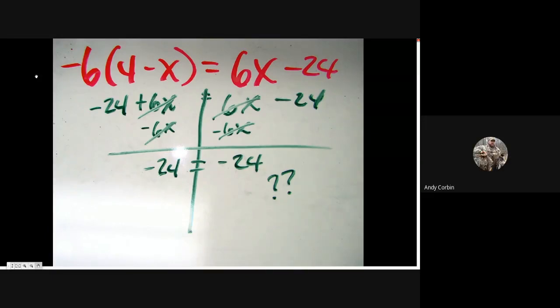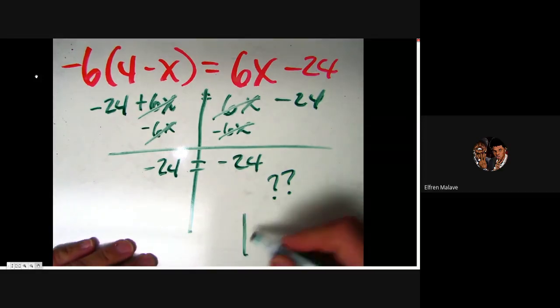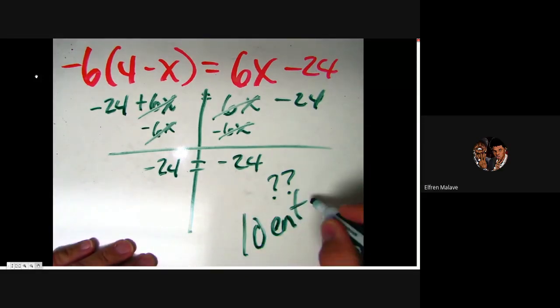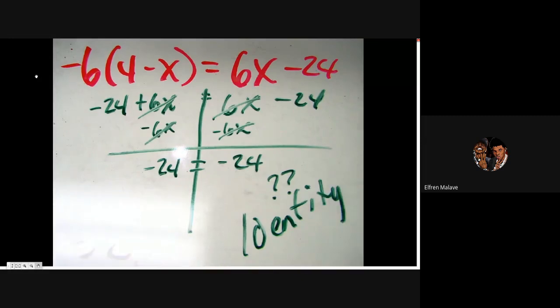Okay, you guys need to write this down in your notes. This is a special type of problem. It's called an identity. Anytime you have an equation where the variables cancel out, there are 2 cases.